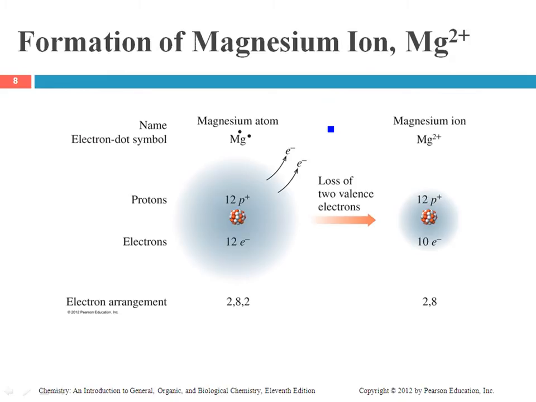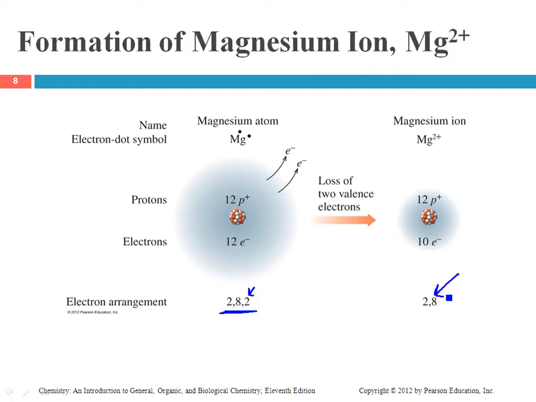If we look at magnesium, again, it's got 12 protons, 12 electrons. We see its arrangement here. But it doesn't have a full octet, right? We've got only 2 electrons in this third energy level. And so it's going to have to lose 2 electrons in order to have a stable configuration.